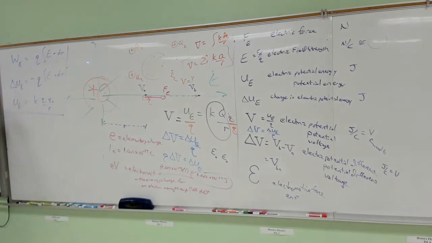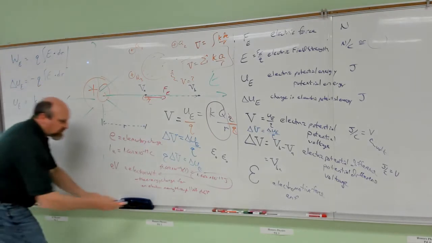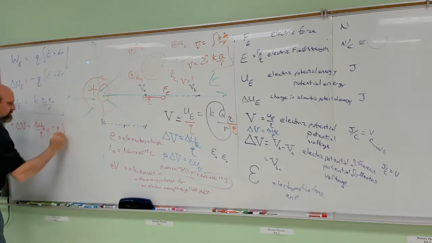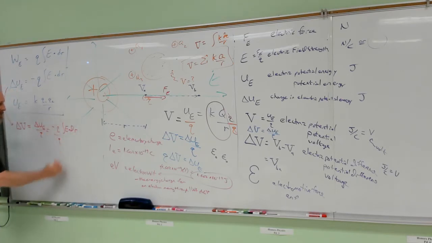So I can say delta V is my delta UE per Q, so it'll be negative Q integral E dot dr. And divide out by that Q, bang, bang, and I get this formula. Delta V is negative integral E dot dr.